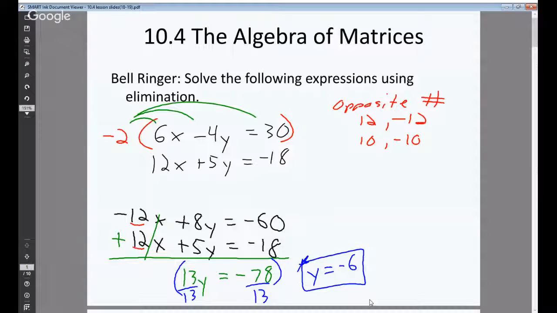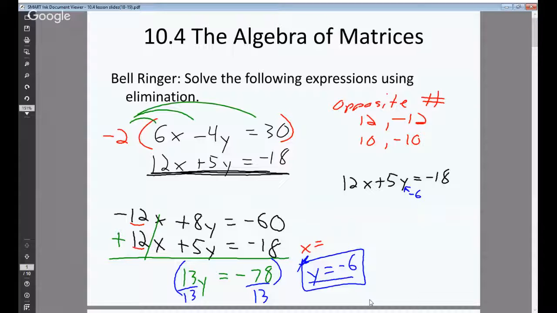However, we are not done yet. We still need to find our x variable. And lucky for us, to find x, it's as easy as plugging and chugging. For example, let's take this equation, 12x plus 5y equals -18. I'll take my y equals -6 and plug -6 in for y.